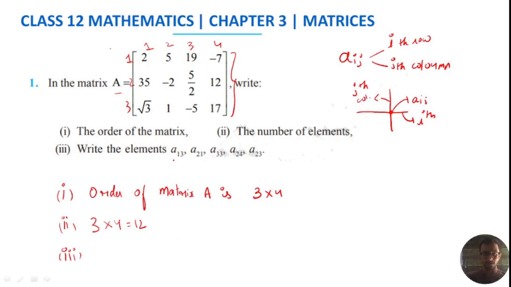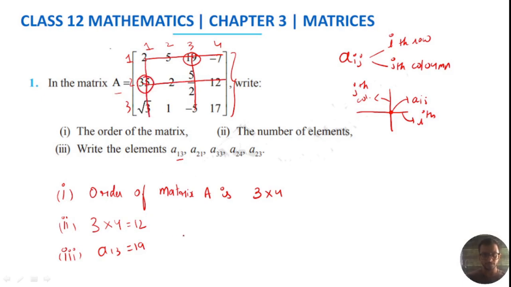So here we have to find A13. First of all, we go to the first row, then we go to the third column. The intersection of those two lines will be A13. That is, A13 is 19. Similarly, now we'll find A21. That is the second row and first column.